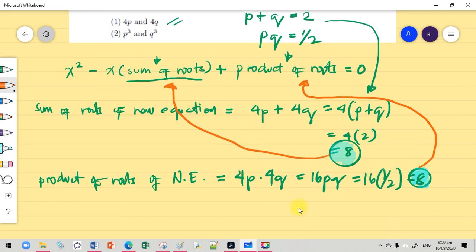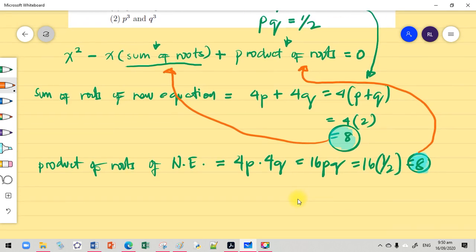Therefore the new equation is x squared minus x times the sum of roots, which is 8, plus the product of roots, which is 8, equals 0, and that is obviously x squared minus 8x plus 8 equals 0.